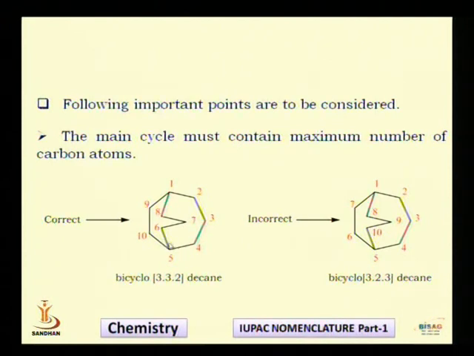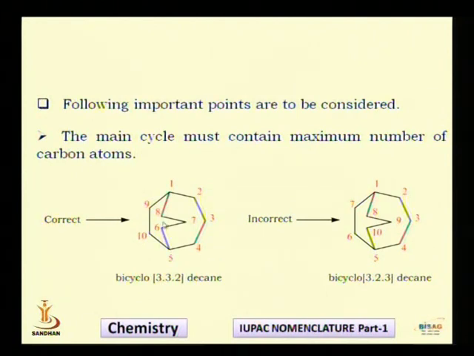My main cycle is this one, and this becomes the principal bridge. The rest of the numbers are over here, 9 and 10. So this is how the numbering is to be done, and the system is bicyclic. So you write bicyclo. In the first half cycle there are 3 carbons, so I am writing 3 over here.